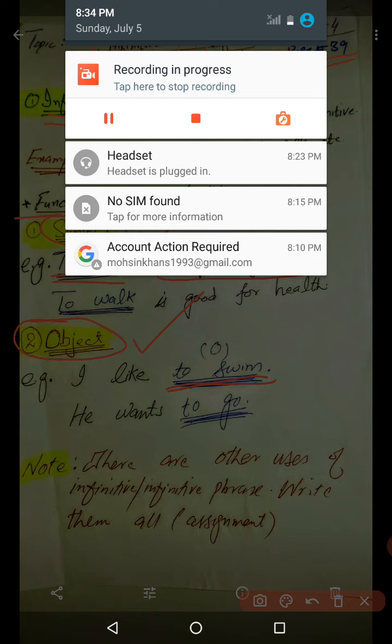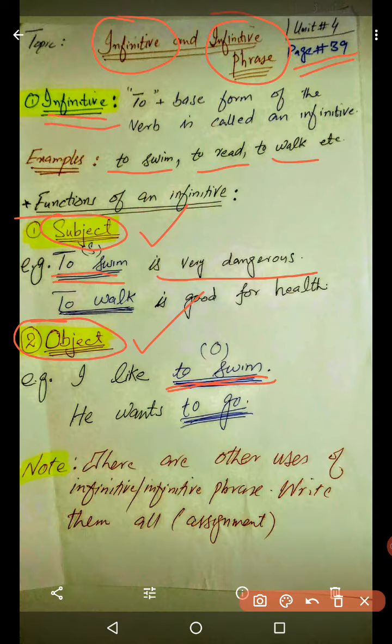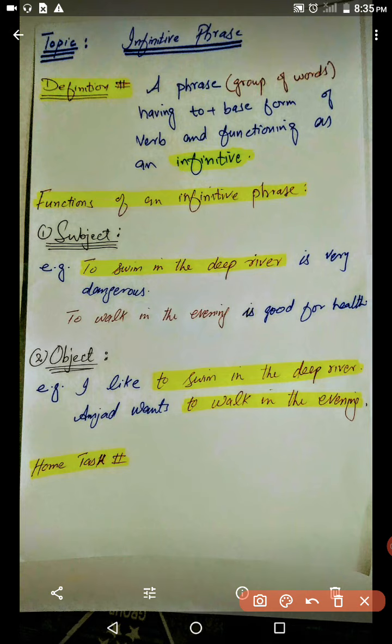Now our next point is infinitive phrase. So let's move to it. So an infinitive phrase is a phrase, and I hope you know what is a phrase. So here I have identified for you a group of words having to plus base form of the verb, a group of words which consist of to plus base form of the verb and which functions like an infinitive.